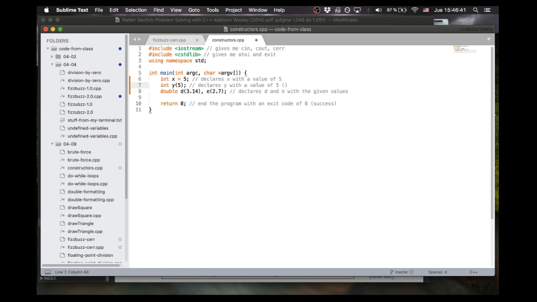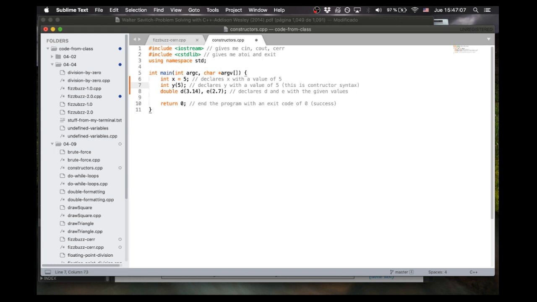This syntax is called constructor syntax.